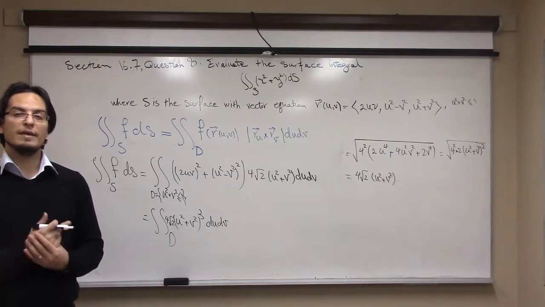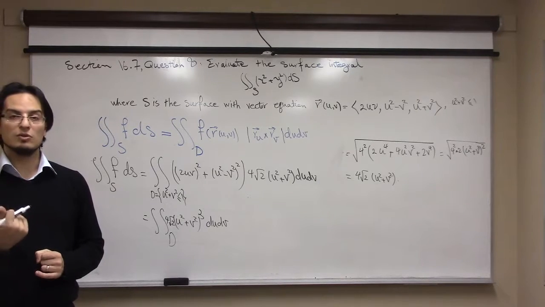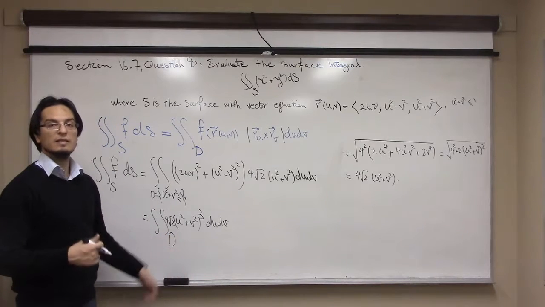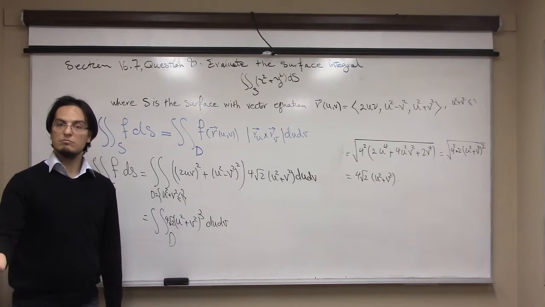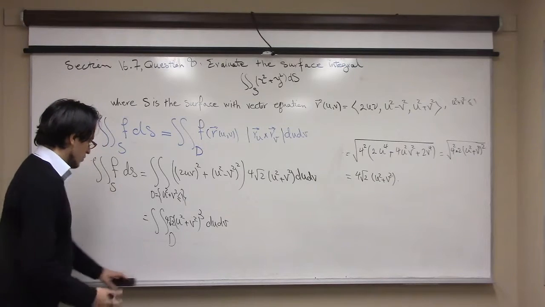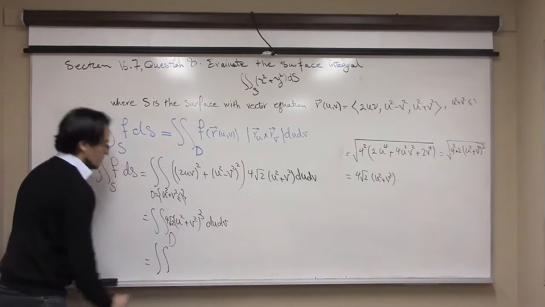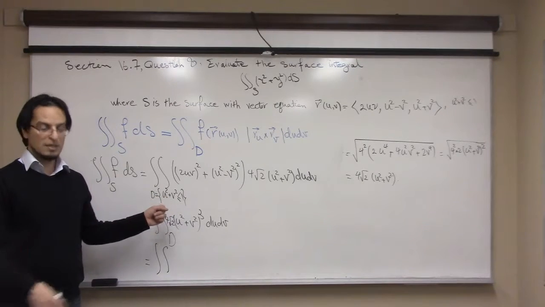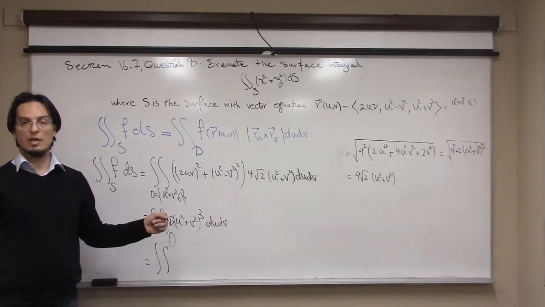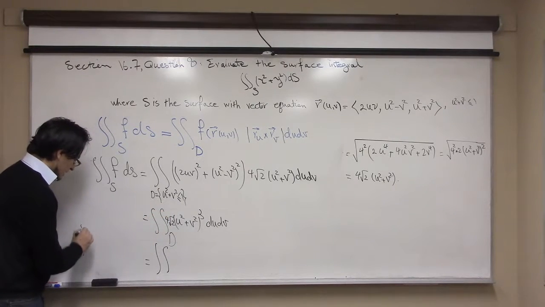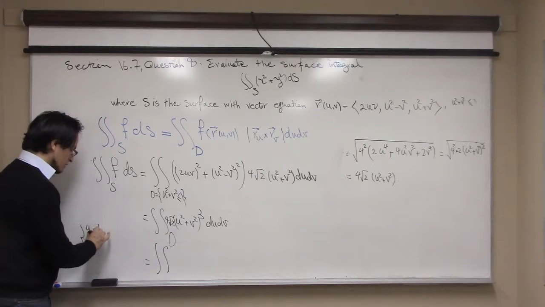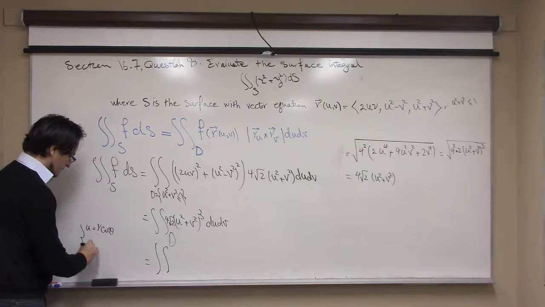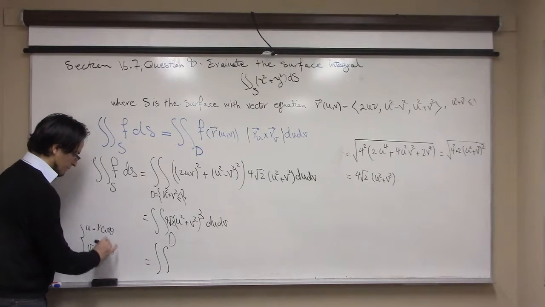That means I can do the polar coordinates for u and v, and write this in terms of r and theta. Because the region is circular, it is easier to write in polar coordinates. So instead of setting x equal to r cosine theta, this time I'm setting u equals r cosine theta and v equals r sine theta.